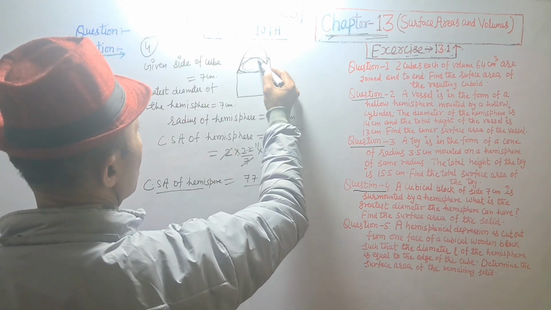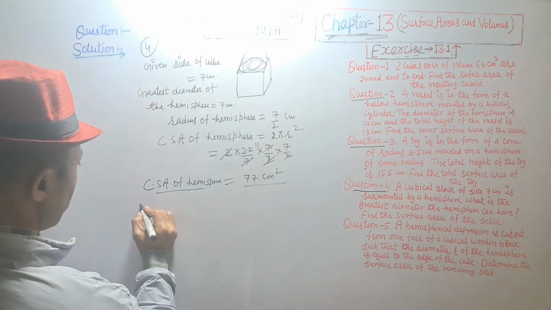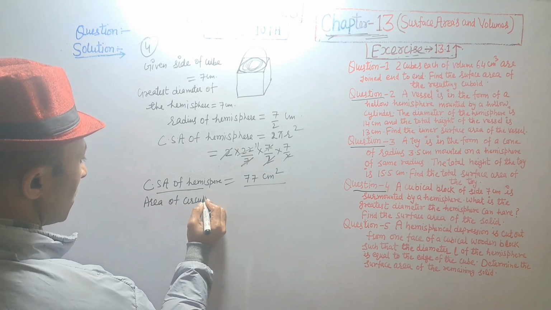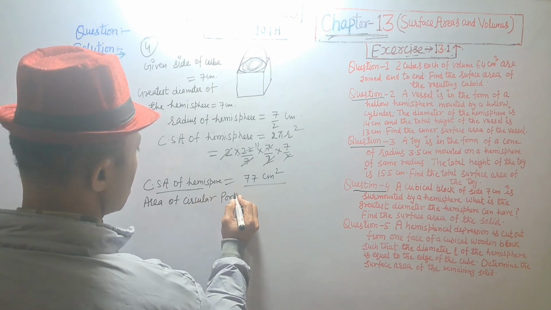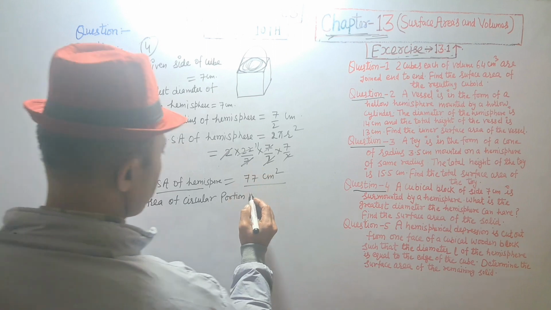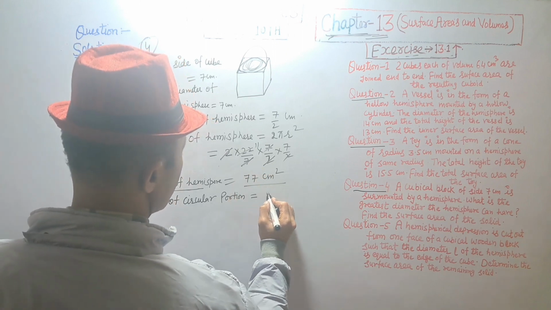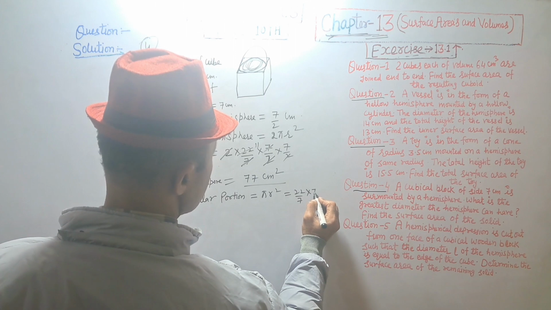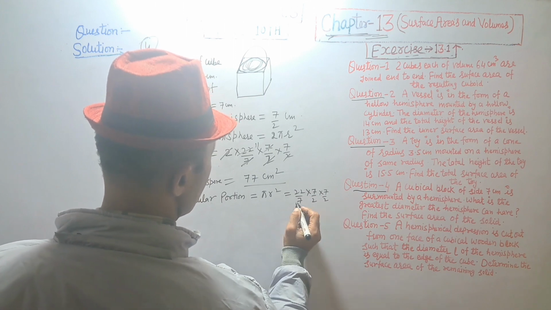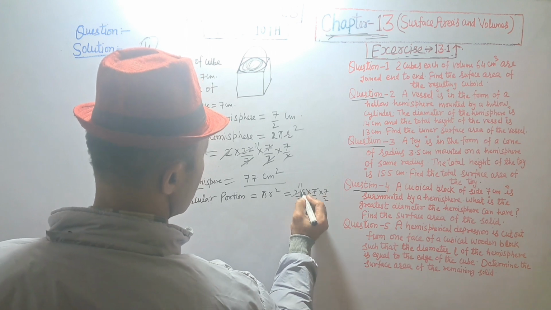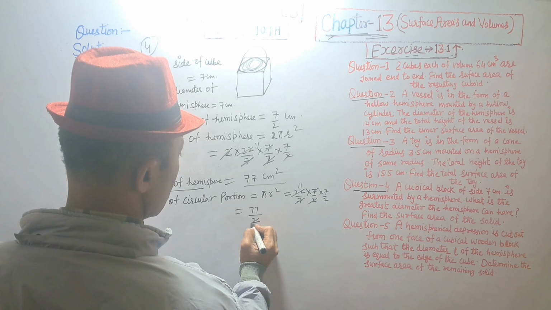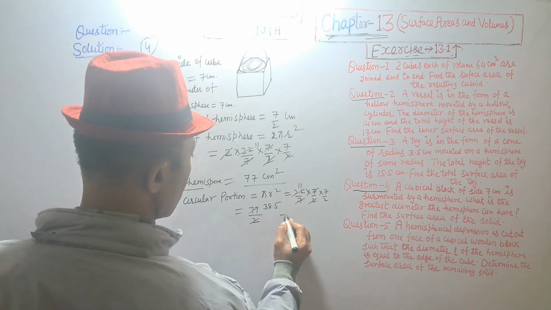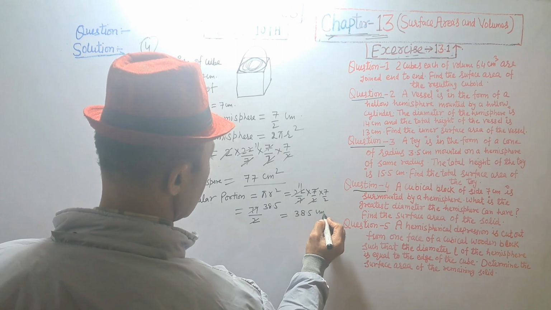And area of circular portion, area of circular portion that is equal to pi r square. 22 upon 7 into radius is 7 upon 2, 7 upon 2, 7 is cancelled, 11s are 77 upon 2, that is equal to 38.5 centimeter square.